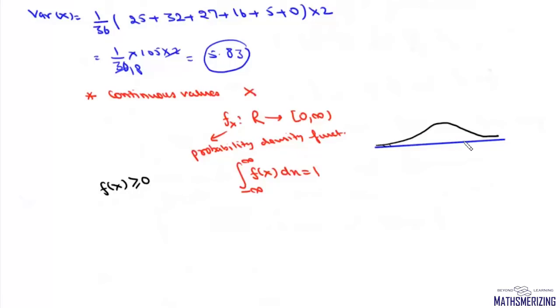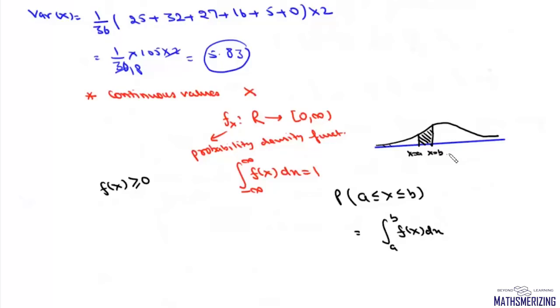Now for a probability density function, the probability that random variable x lies between a and b is given by this integral from a to b of fx dx. So this probability will be given by the area under the curve from x equals a to x equals b.